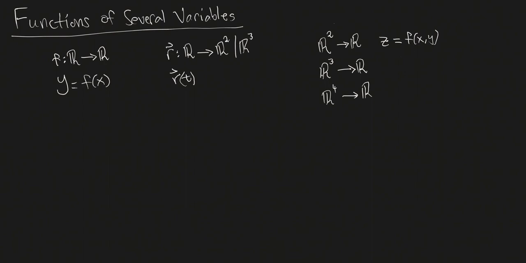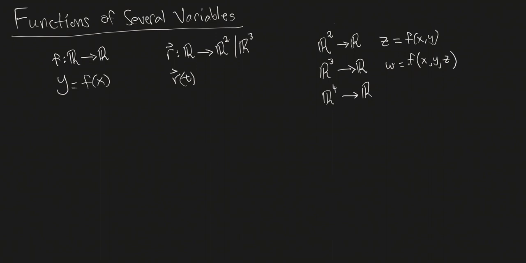But what would something like this look like? Well, the typical letters used in this case, we usually use w as the dependent variable. And again, you can still use F or G or H. That's the standard lettering. But now, instead of having an ordered pair in parentheses, we have an ordered triple. So it looks like that.